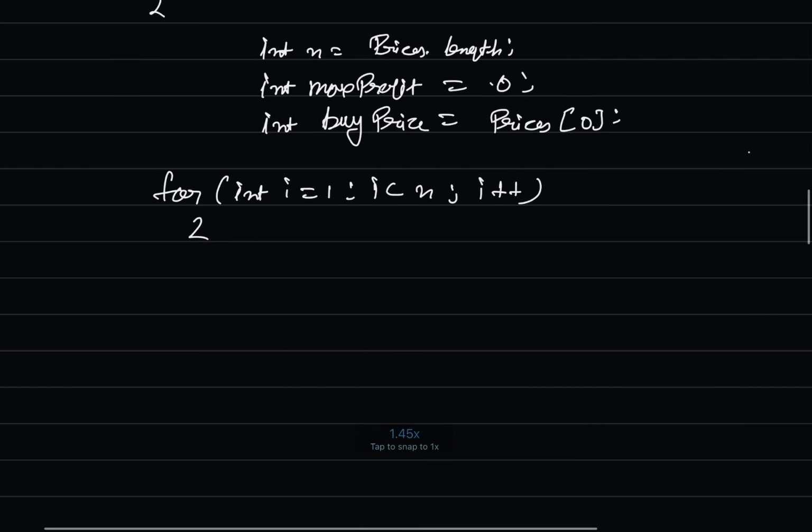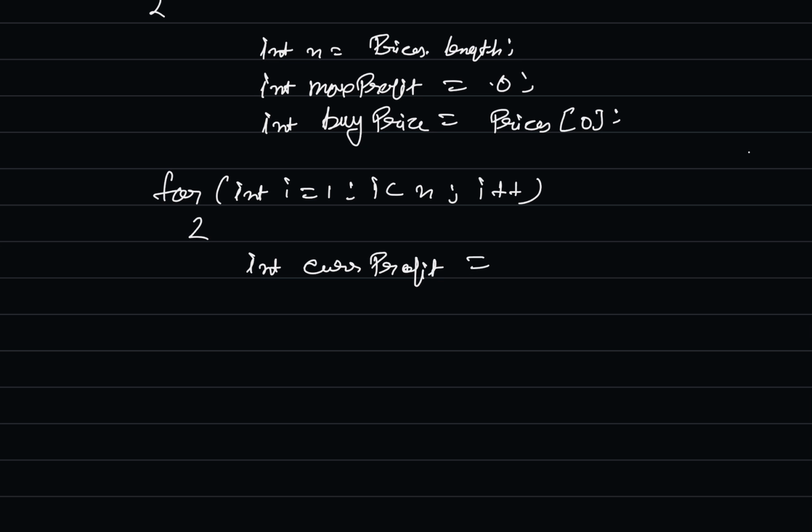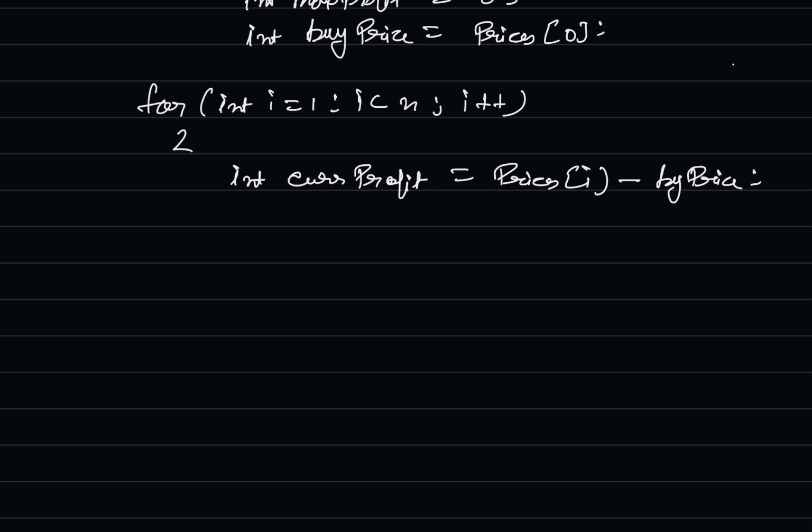In the loop I calculate the current profit. For calculating the current profit, you calculate the difference between the current price of the stock, prices[i], minus buy price.